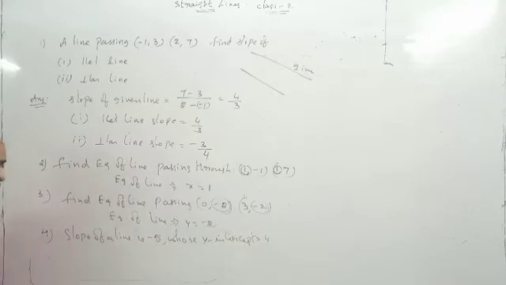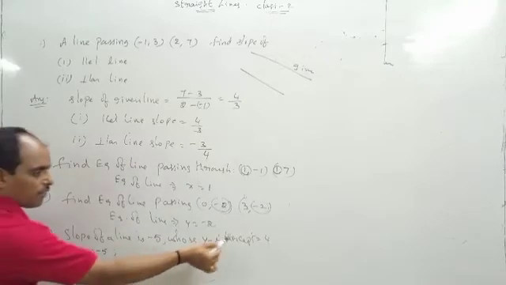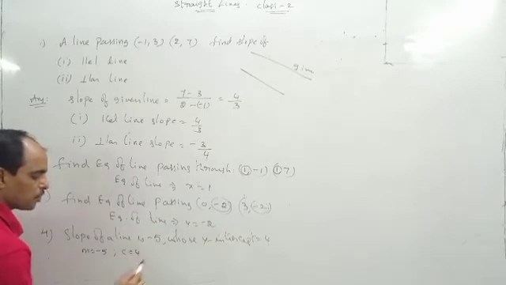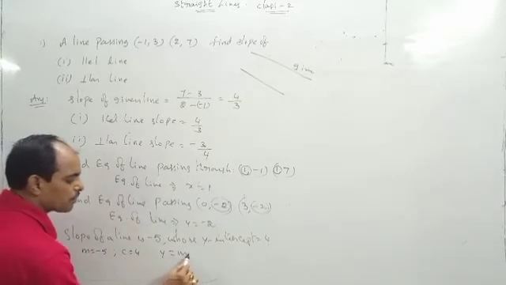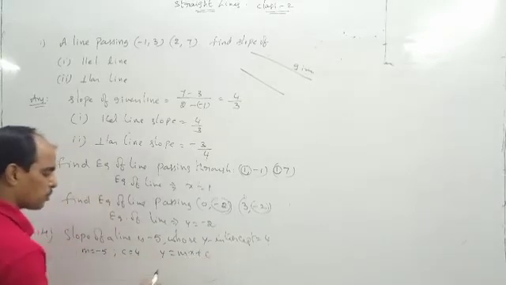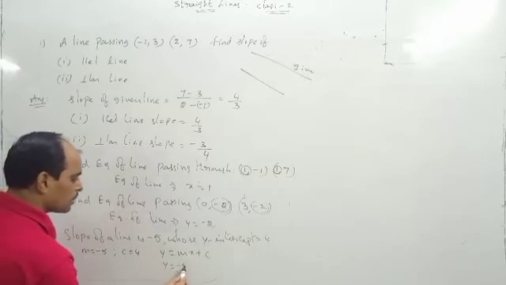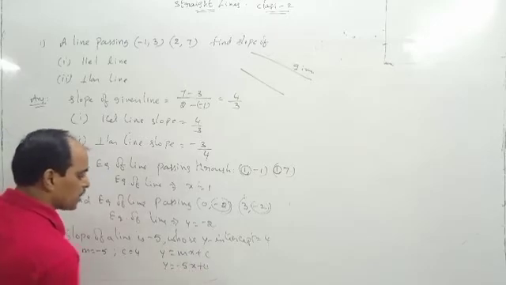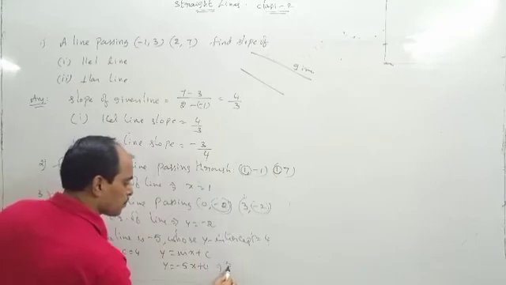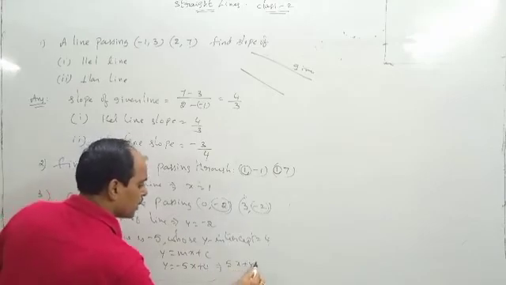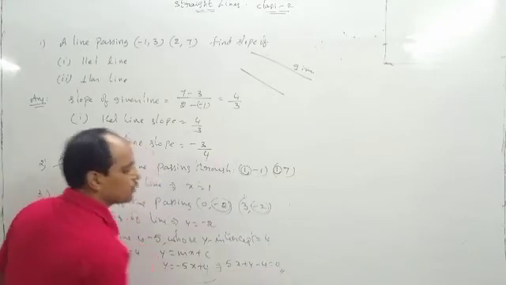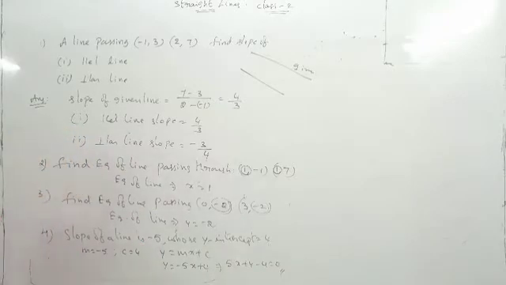Find the equation of the line. So m is equal to minus 5, and the y-intercept is c. What is the equation of the line? y is equal to mx plus c, so y is equal to minus 5x plus 4. That is 5x plus y minus 4 is equal to 0. Next question.